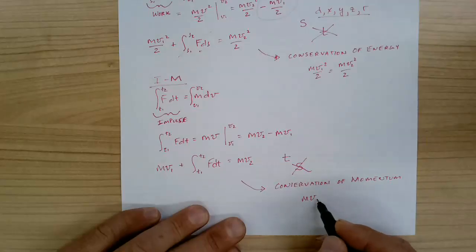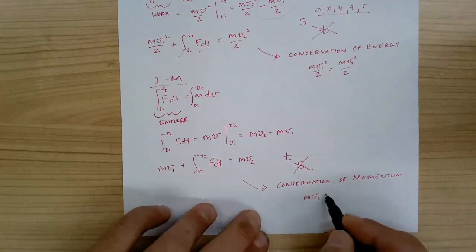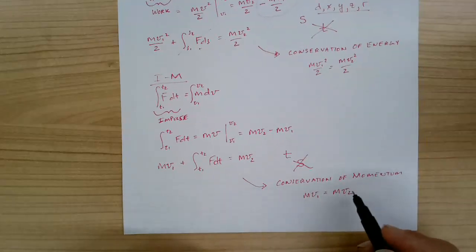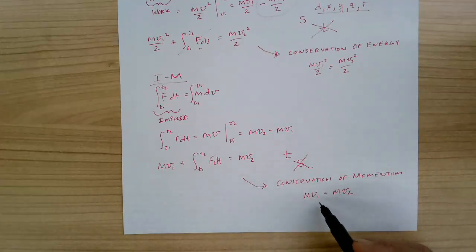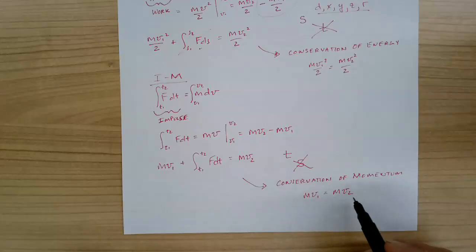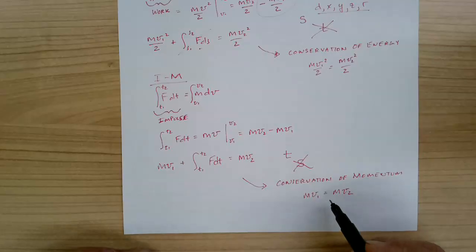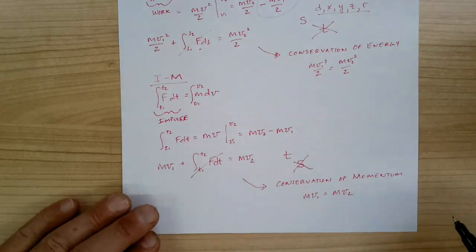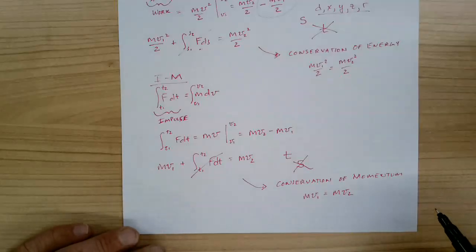And that says the initial momentum is equal to the final momentum. Once again, very simplified. It says the linear momentum is the final linear momentum, but it works that we could include angular momentum if there's no impulse added to the system.